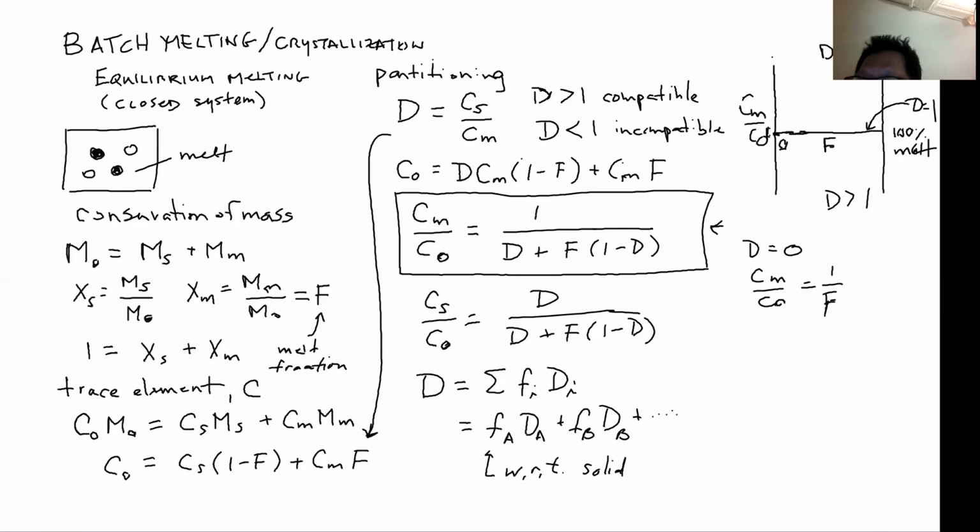So when F equals 1, no enrichment. When F is, say, 10% or 0.1, you have a tenfold enrichment. So this would be the case for D equals 0.